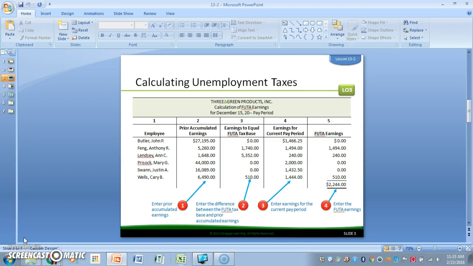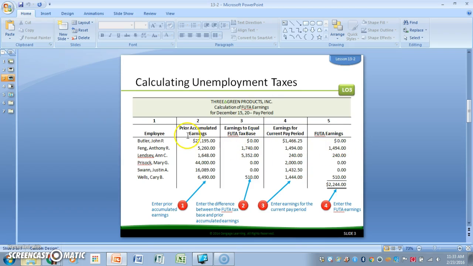Now, the FUTA that we're looking at here in the book is 6.2% of the first $7,000 earned by each employee. So when we're calculating the unemployment taxes here, you can see the first employee, John Butler, previously earned more than $7,000. So he has nothing going for that FUTA tax, okay?